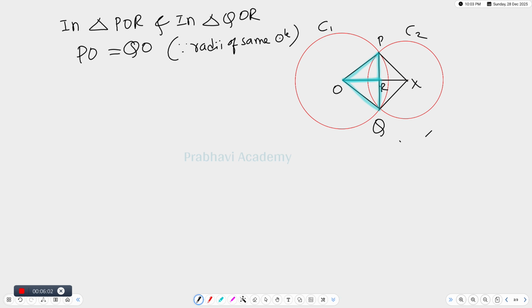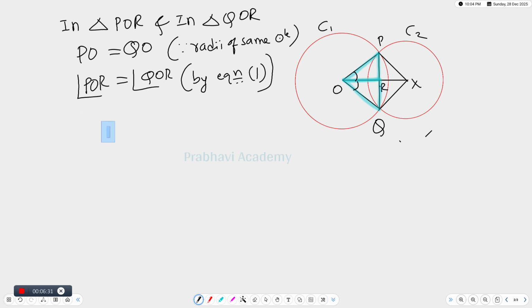And you can also see the angle POR is equal to angle QOR by equation number 1, and you can see the side OR is equal to OR.